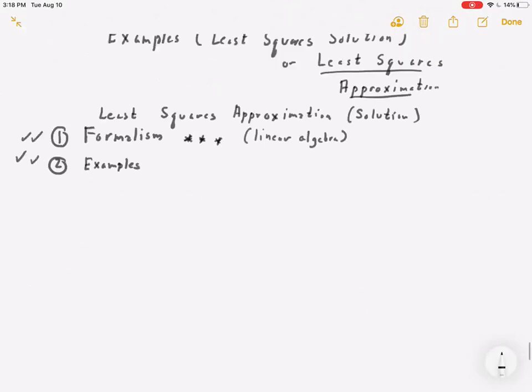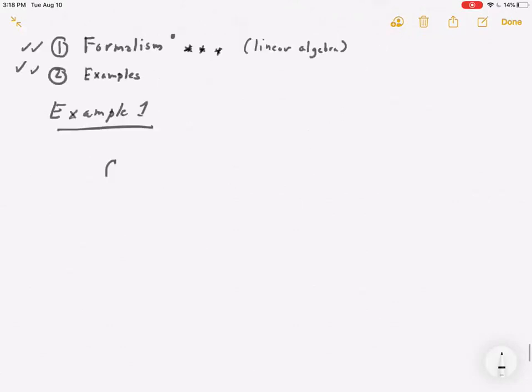All right, so let's go through our first example. I'm going to give you 3 lines, and in order to tell you what those lines do, I need to give you their equations.